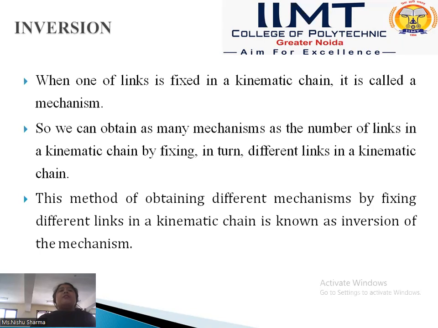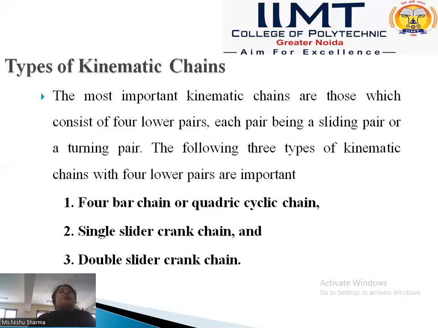In an inversion, we can obtain as many mechanisms as the number of links in a kinematic chain by fixing different links in turn. This method of obtaining different mechanisms by fixing different links in a kinematic chain is known as inversion of the mechanism.